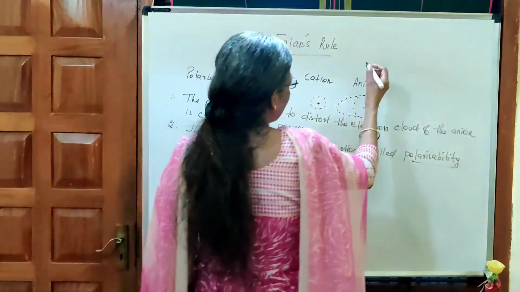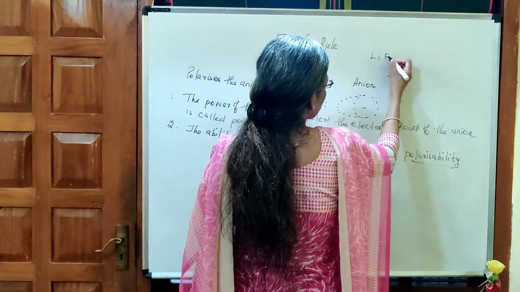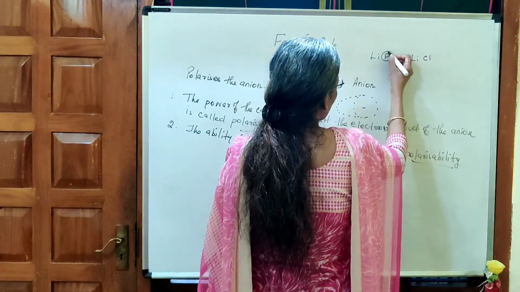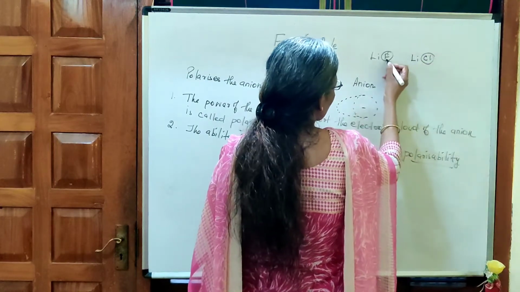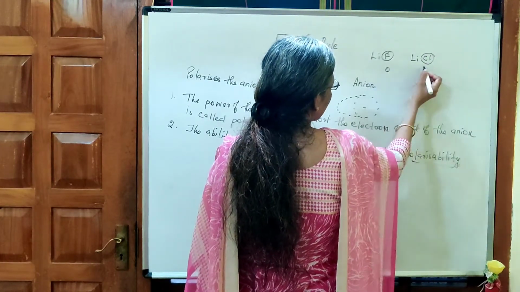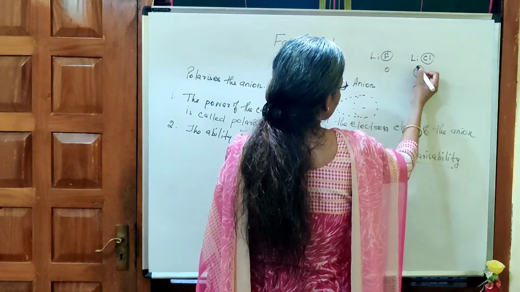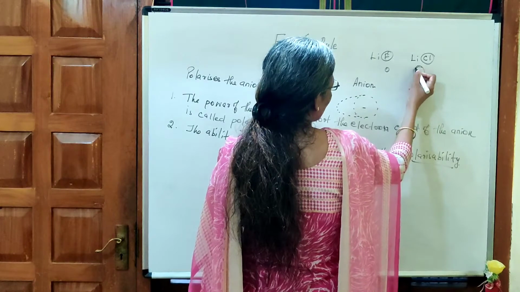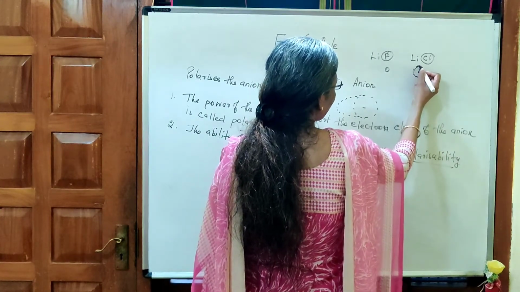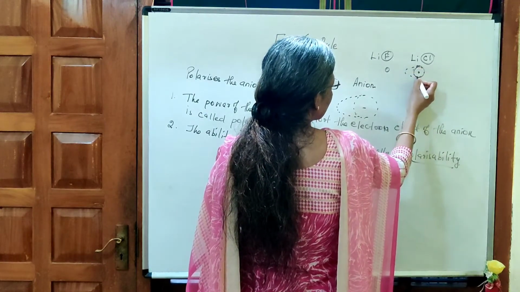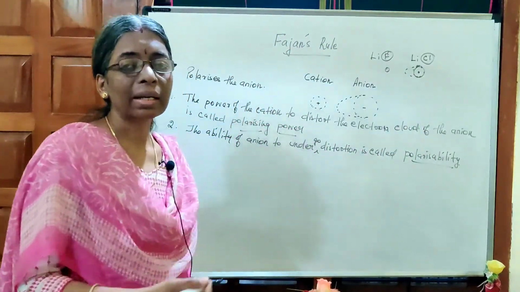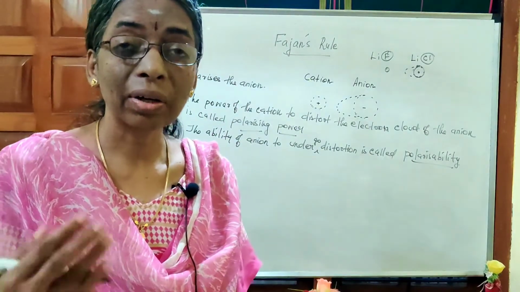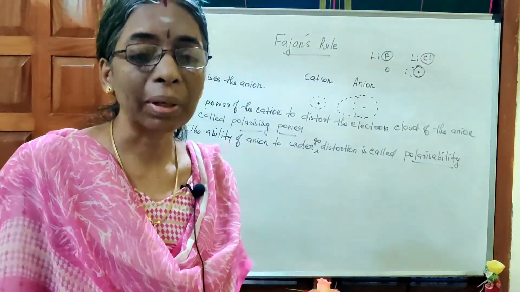For example, if you take lithium fluoride and lithium chloride, the fluoride ion is smaller and the chloride ion is larger. When it is larger, the electron cloud is a little away from the nucleus, so the distortion is easier than with the smaller anion. So as the size of the anion increases, the polarizability increases.